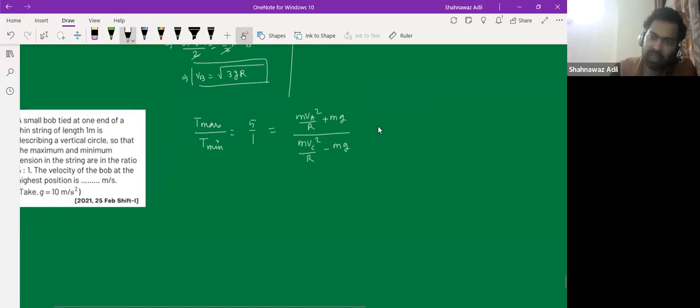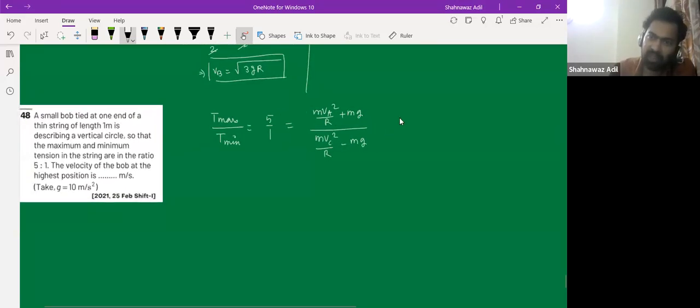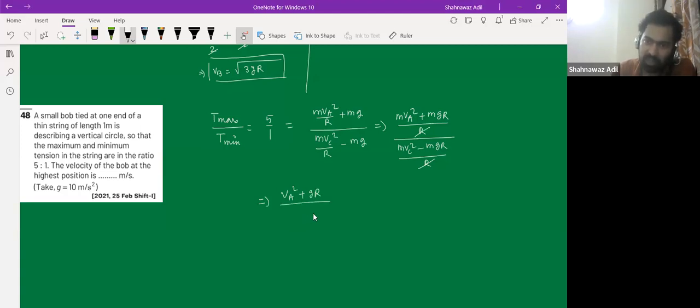So how can we find that out? If we simplify, mVA squared plus mgR divided by R, divided by mVC squared minus mgR divided by R, and now we can take out this m. So we have VA squared plus gR divided by VC squared minus gR equal to 5 by 1.